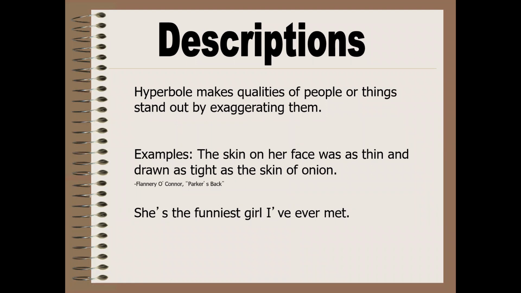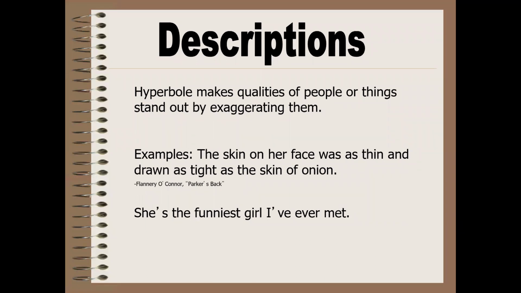So it says descriptions. Hyperbole makes quality of people or things stand out by exaggerating them. Examples: the skin on her face was as thin and drawn as tight as the skin of an onion. She's the funniest girl I've ever met. Very good.